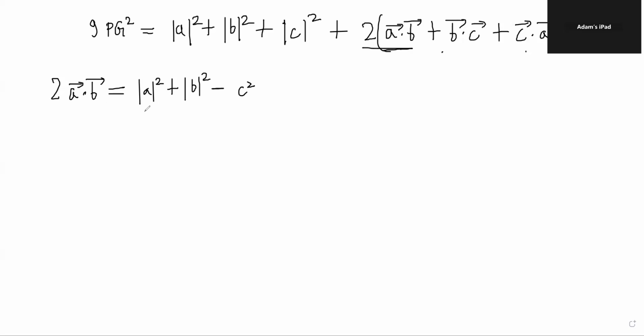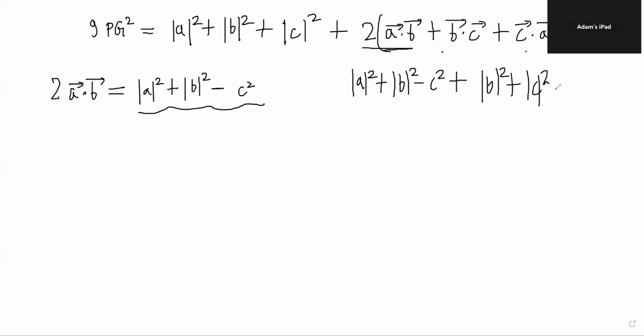The 2 itself is included in this, so I don't have to do anything. It is simply like this: A square plus B square minus C square plus B square plus C square minus A square plus C square plus A square minus B square. Something like this is coming, right? 2AB itself is included. I don't have to double it.